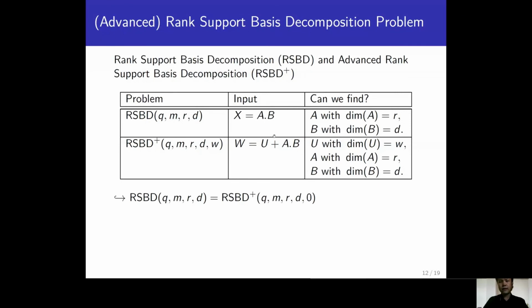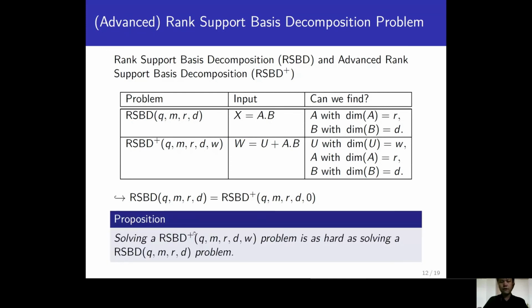From this, we can easily see that all instances in RSBD are instances in RSBD plus, because you can just take U as the zero space. So solving an RSBD plus problem is as hard as solving an RSBD problem.